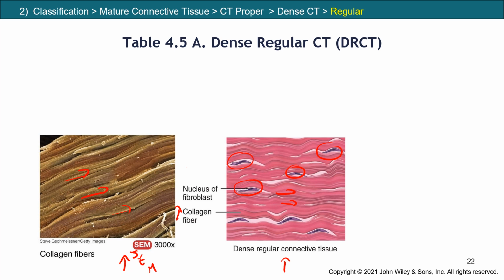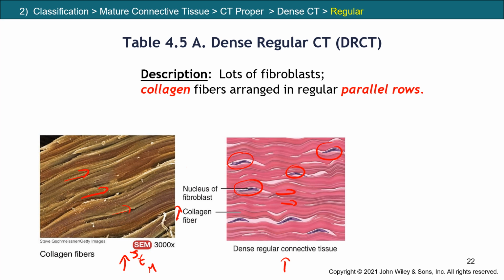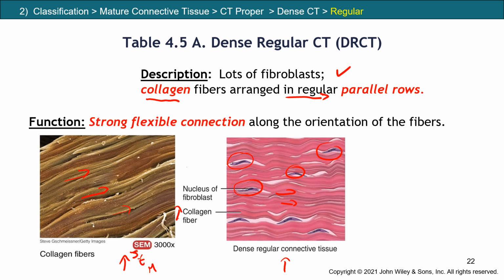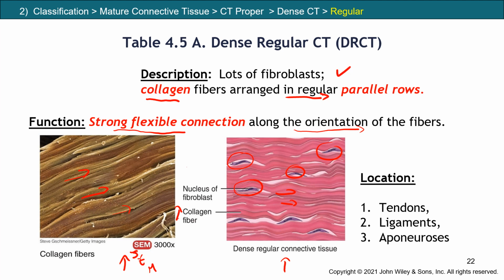To summarize, I told you that dense regular connective tissue has lots of fibroblasts. As it has lots of fibroblasts, it has a lot of collagen fibers that are arranged in regular parallel rows. The function is that, as they have so much collagen, you have strong, flexible connections along the orientation of the fibers, and they are located in three main regions.